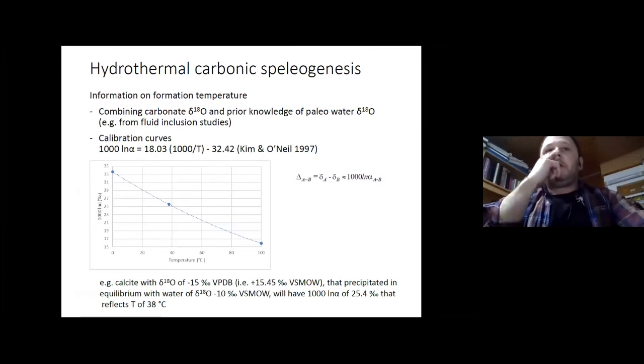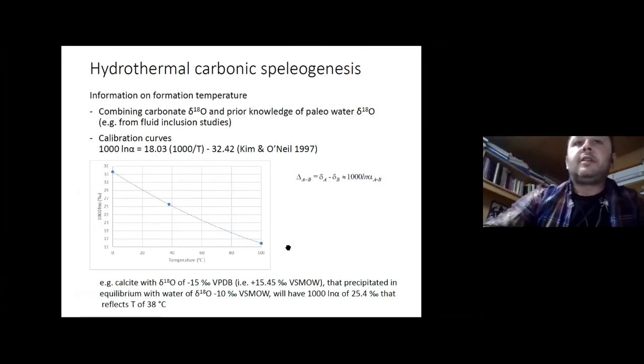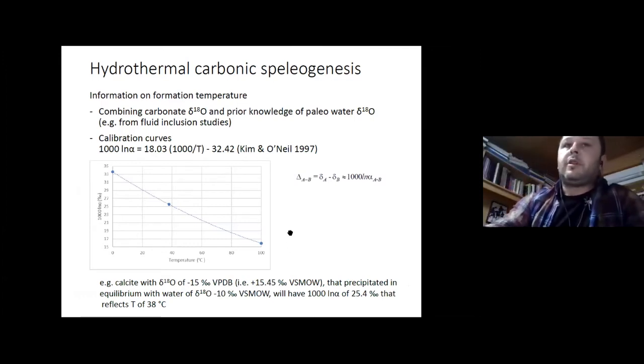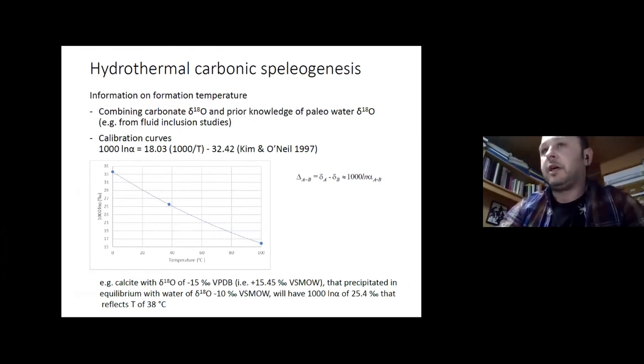Furthermore, if we combine the carbon and the isotopic composition of the oxygen, and if we have prior knowledge about the water from which the mineral precipitated, we can, for example, obtain this by studying fluid inclusions, the stable isotope composition of the water in fluid inclusions, by applying theoretical or empirical calibration curves. We can calculate the temperature at which this mineral formed.